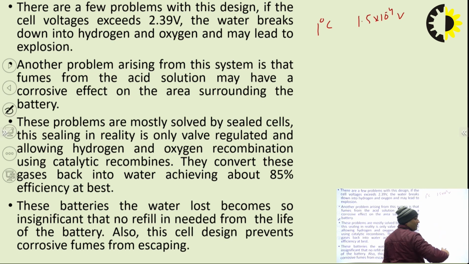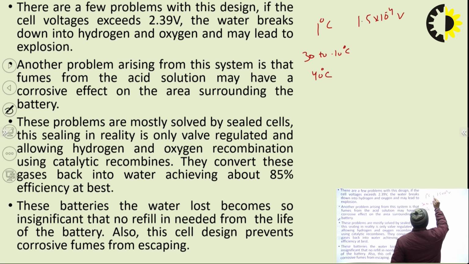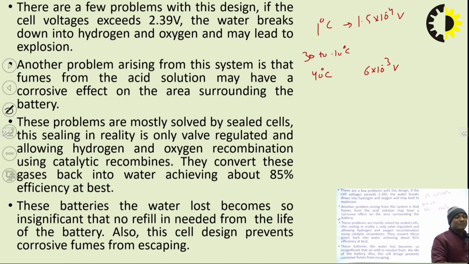And from plain to hilly areas, the temperature ranges from 30 to minus 10 degree centigrade. Means there is a 40 degree centigrade temperature difference. Hence, for 1 degree centigrade the EMF is reduced by 1.5 into 10 to the power minus 4, and for the 40 degree centigrade temperature difference, we will get a 6 into 10 to the power minus 3 volt EMF difference, which is very small when we compare it with the 12 volt battery.